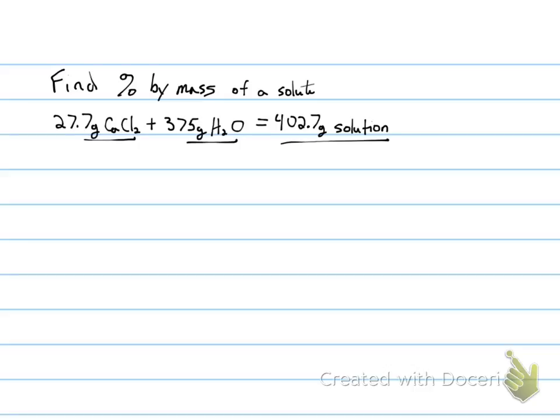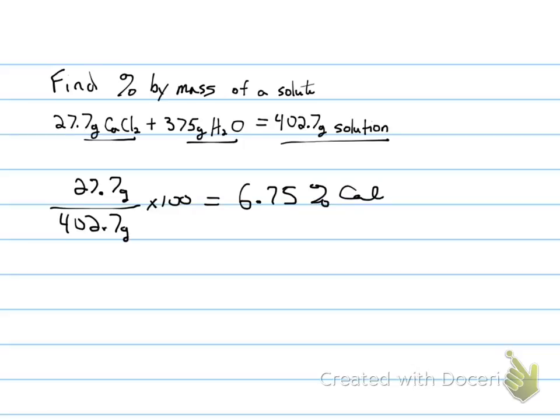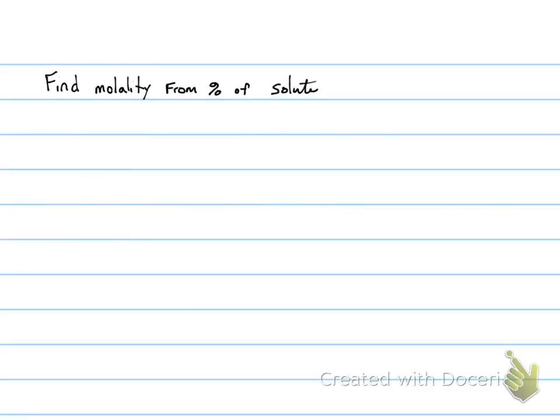So mass of the solute, 27.7 grams, divided by the total mass, 402.7 grams, times 100%. Cool. So 6.75% CaCl2.